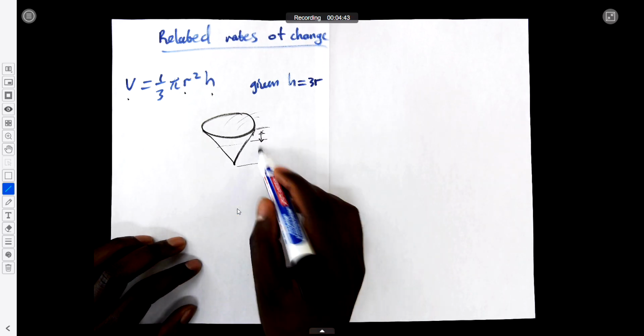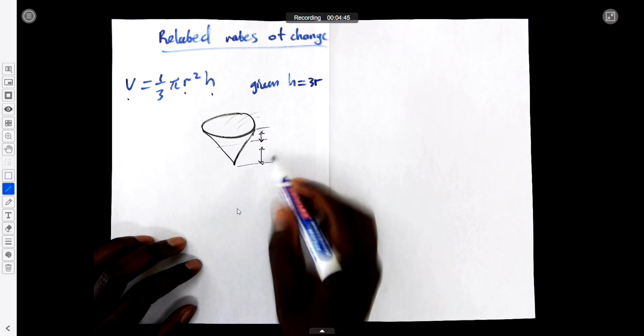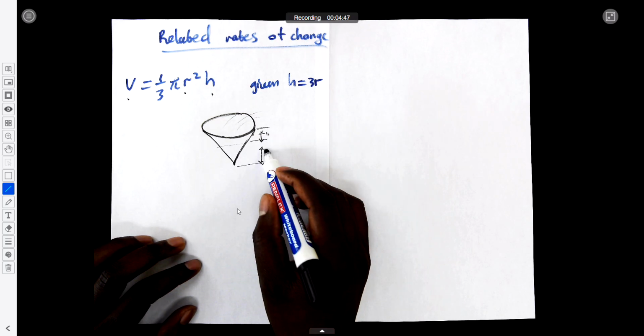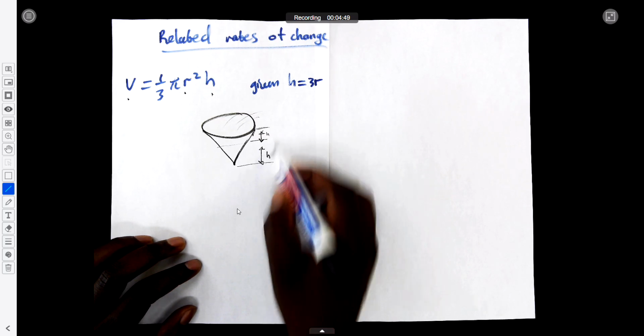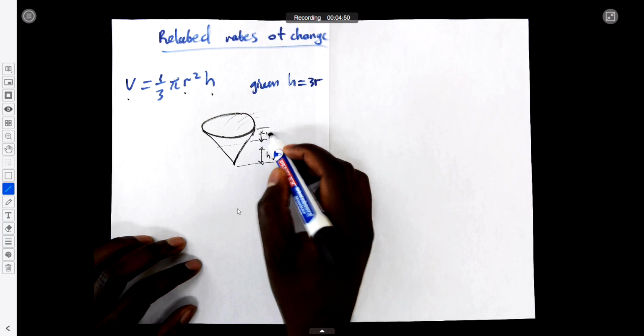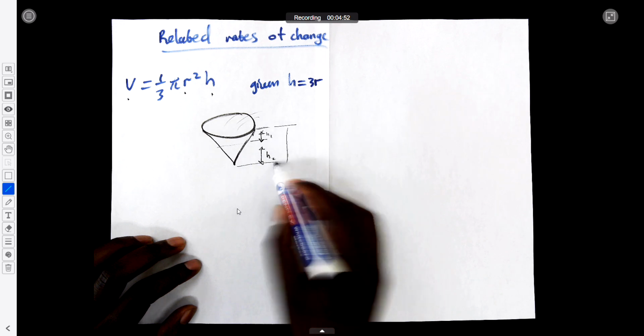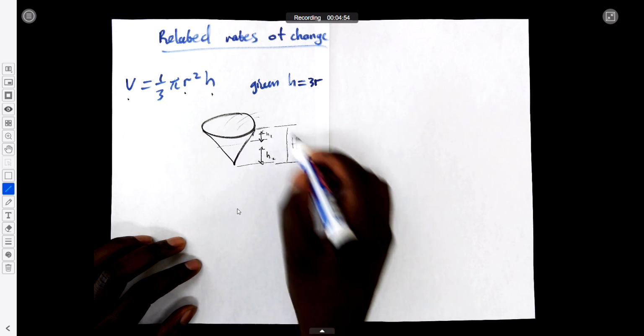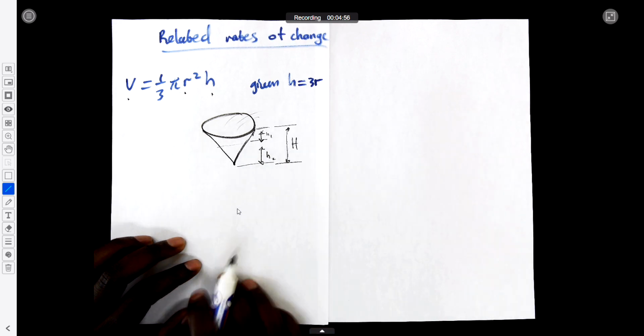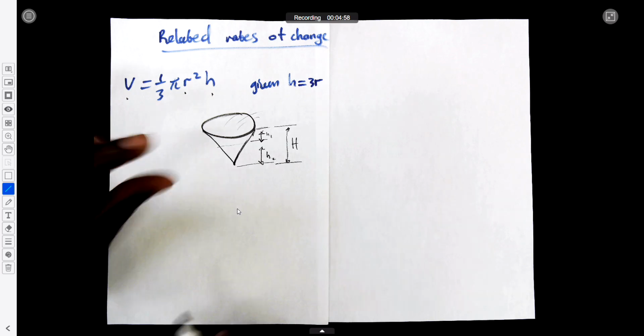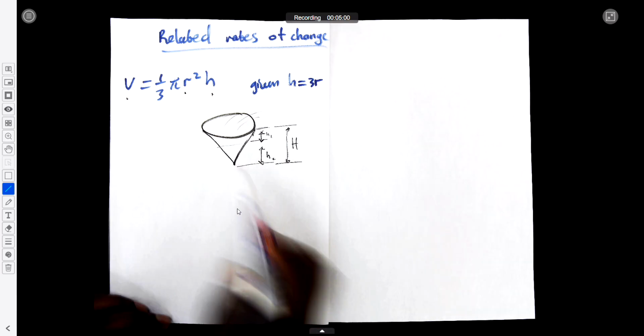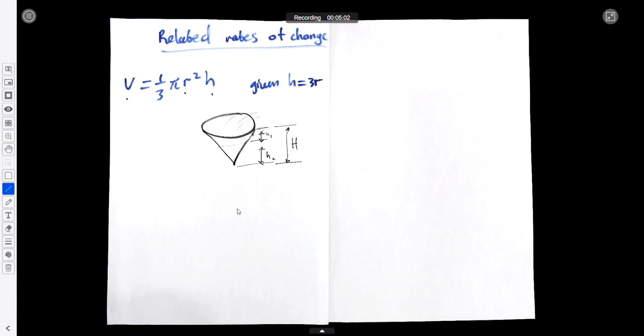If it's this point and that point, a small height, let me call it h2, h1, but the initial height we give a capital H.